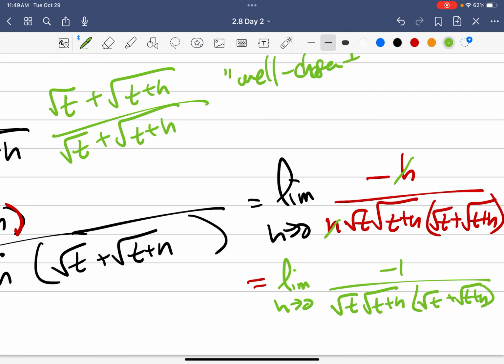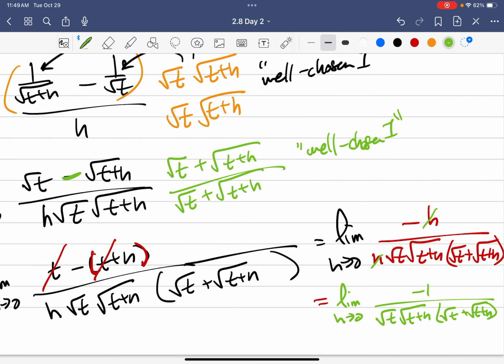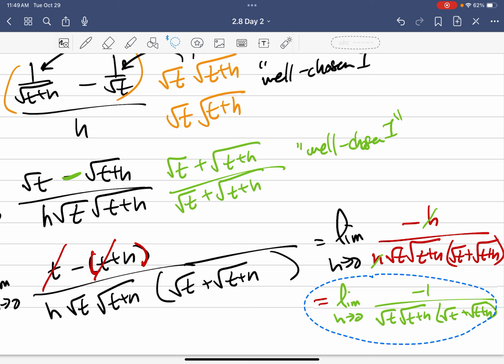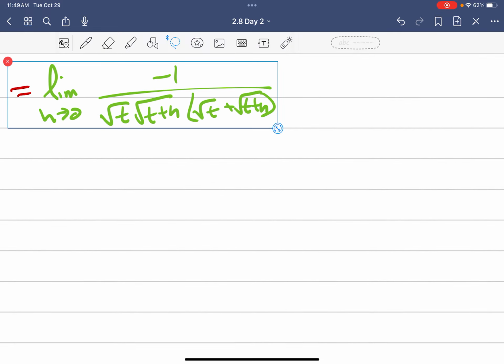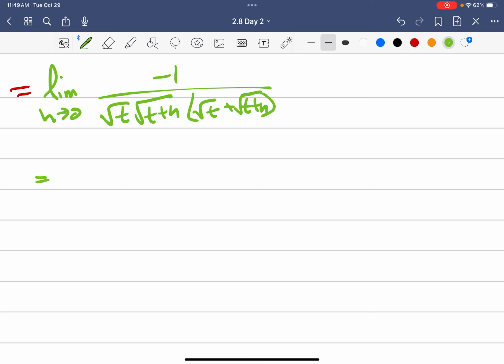Okay, if I let h go to 0, so I'm going to go ahead and copy this just to be careful. Copy. I'm going to go this way. And so if I let h go to 0, is it clear that I should get negative 1 over root t times root t plus root t?